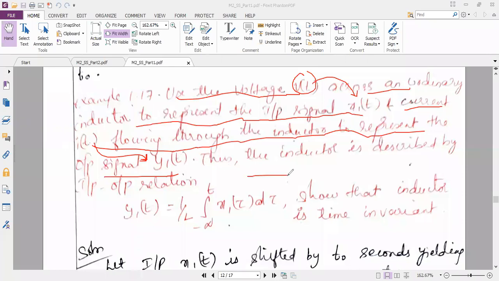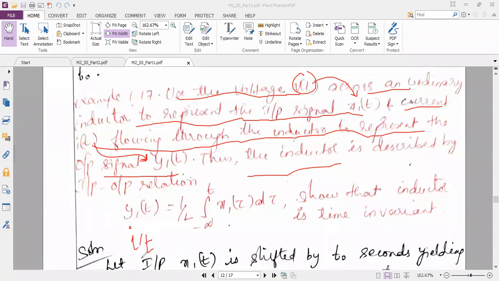Then the inductor is described by the input output relation. Y1 of t is equal to 1 by L integral minus infinity to t x1 of tau d tau. So as per the given question, I can relate this y1 of t as the current I of t.